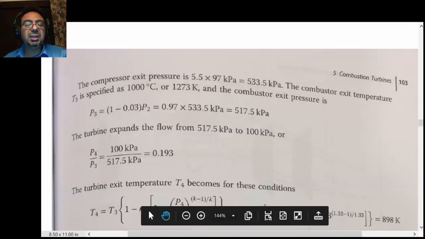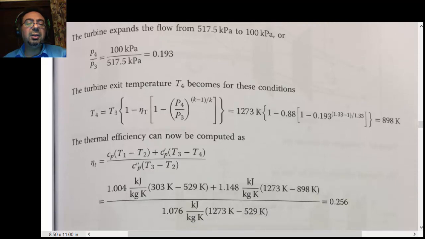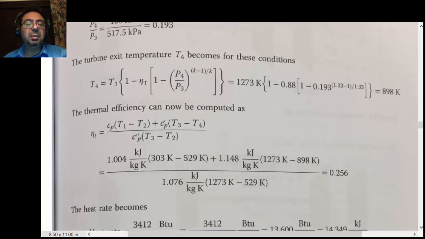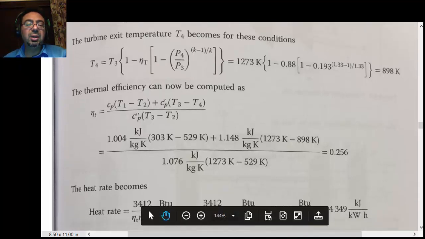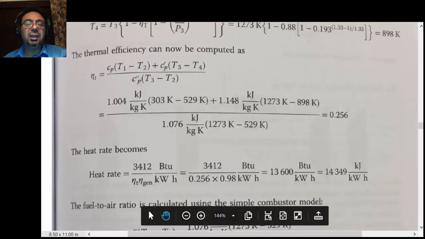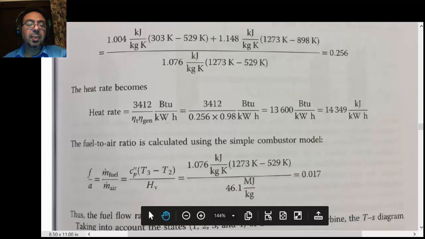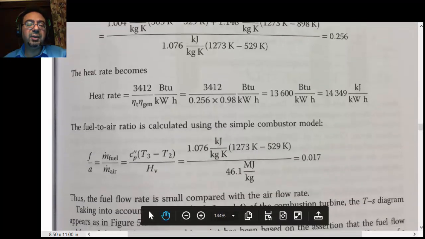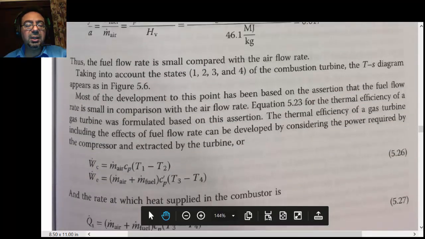He's solving the compressor and the turbine and getting eta thermal, and he's using those Cp, C prime, C double prime for the compressor, the turbine, and the combustion chamber, right? And eventually he's getting the heat rate. And the fuel air ratio is 0.017.